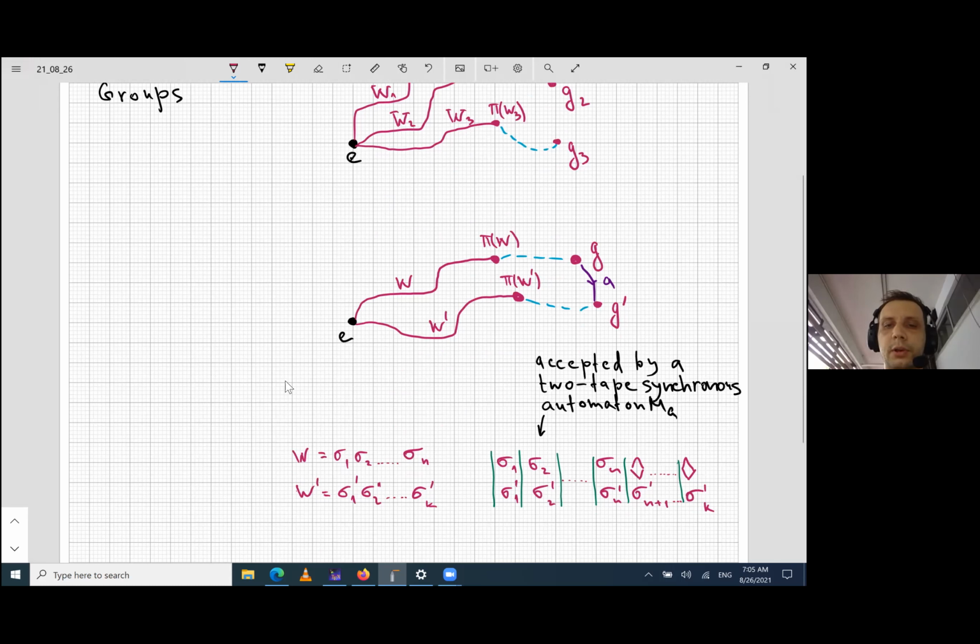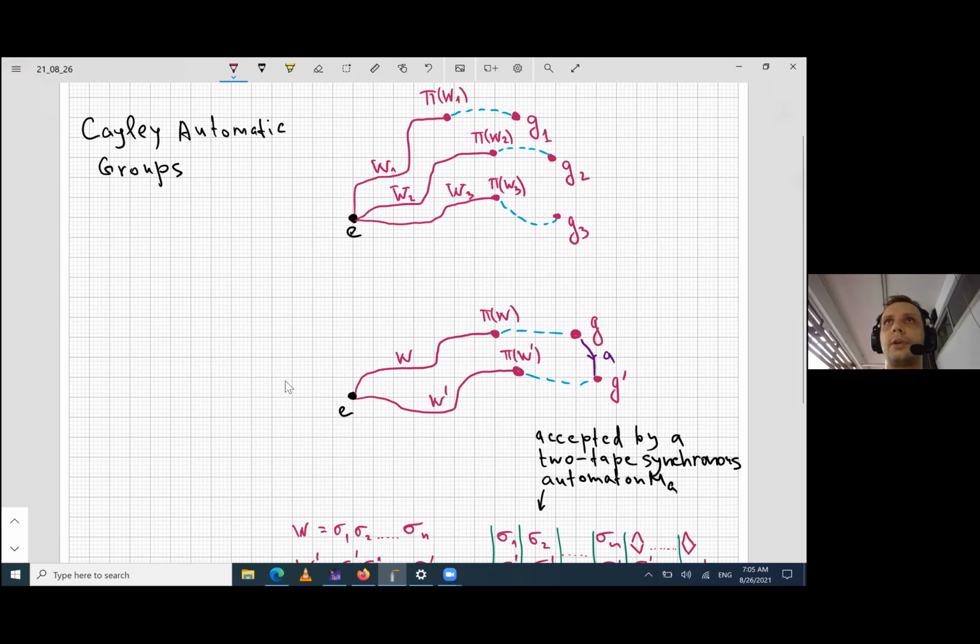If W represents a group element G and W prime represents a group element G prime, then if you write these two strings one under another, it has to be recognized by a two-tape synchronous automaton, and you must have such an automaton for every single generator from your generating set. That's essentially the difference. And again, the normal form is unique here: for every group element, you have only one string representing it.